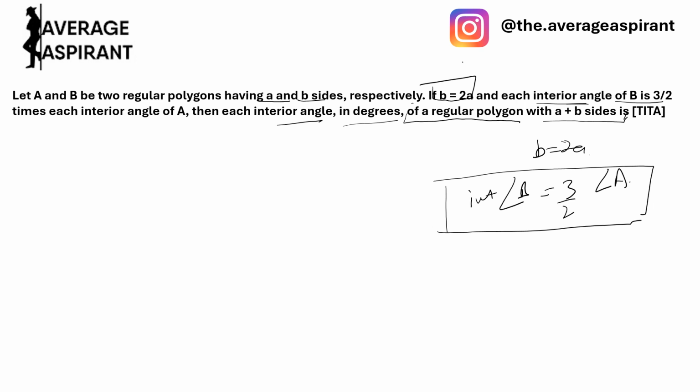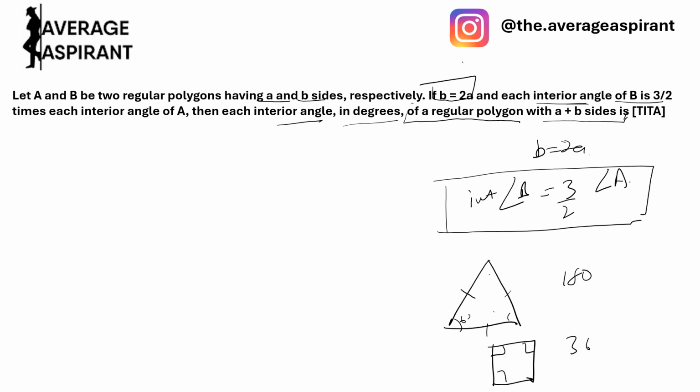Now, if you don't know how to calculate interior angle, because before solving this question, even I forgot the formula, what you can do is think of the lowest sided polygon, which is a triangle with three sides. If each side is equal, each interior angle would be 60, 60, 60. The sum would be 180. Now think of a regular polygon with four sides, which is a square.